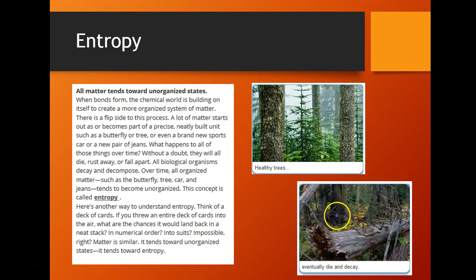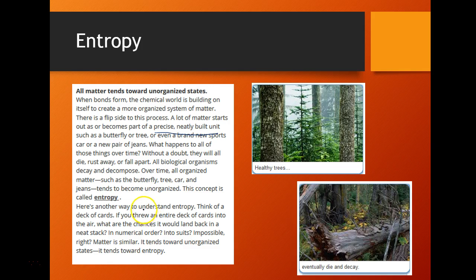Even though we talked about bonds and how the chemical world is building on itself to become more and more organized in molecules, there really is a flip side to this process. A lot of matter starts out or becomes part of a precise and neatly built unit, such as a butterfly or tree, and bonds have a lot to do with that.